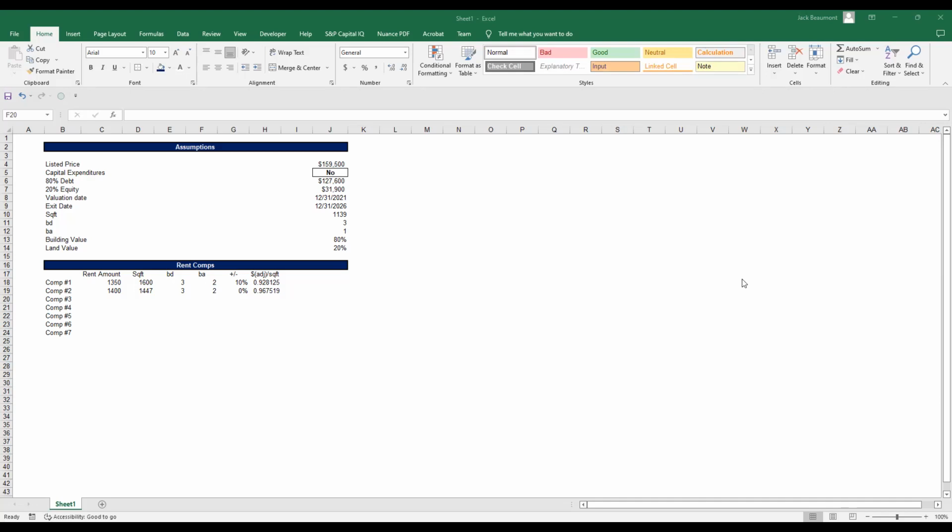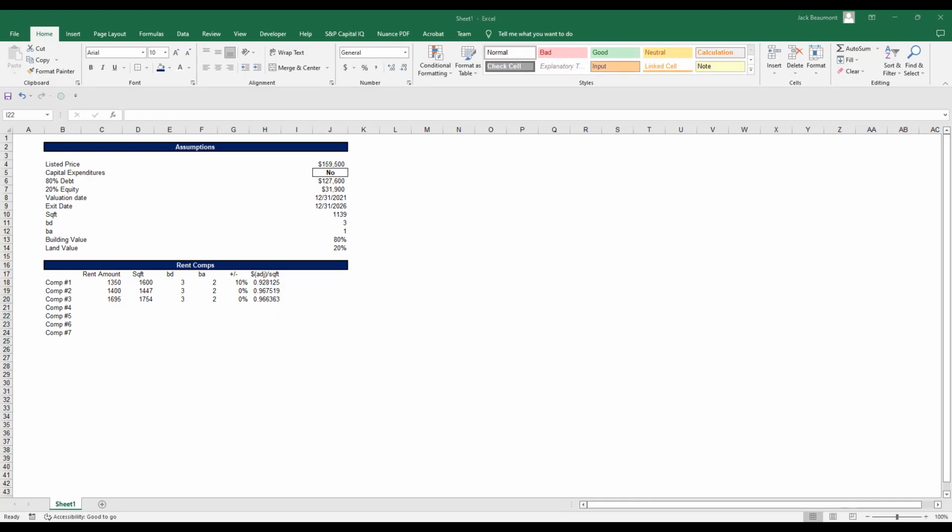Okay, I know that's the same one. Let's see what else I can find. Okay, I got another one here, which is 1659 square feet, 3-bed, 2-bath. I'll put 0%. It's on the older side, so we're getting that again.